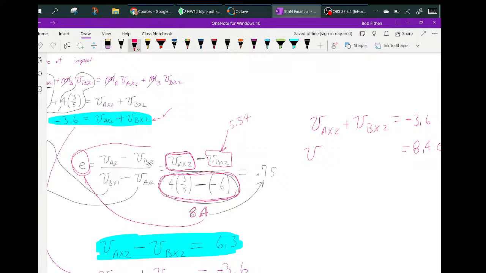Let's just do it. And it's minus because it's going back to the left. So this would be plus 5.54. And this would be VAx2. Well, wait a minute. If I know that's the case, I can take this out and put in 5.54.